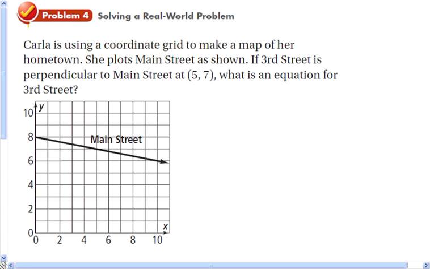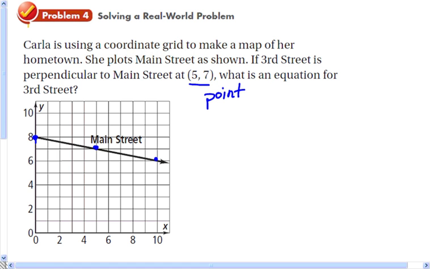All right, for an equation, we know that it goes through that point, so we have a point. If we had the slope, then we could write the equation in point slope form. And this line is perpendicular to Main Street, so we can find the slope of Main Street. Put a dot there, and it looks like maybe there.